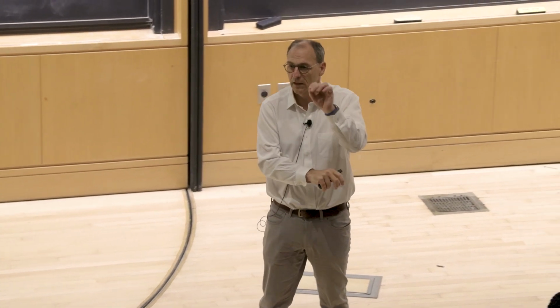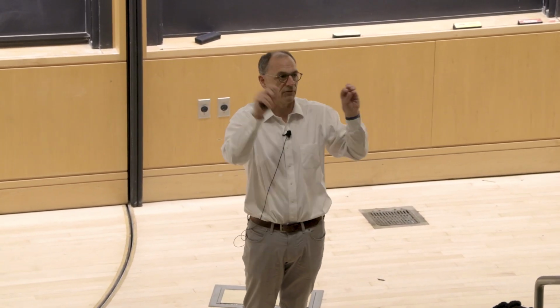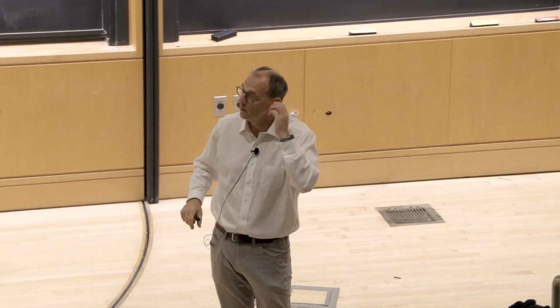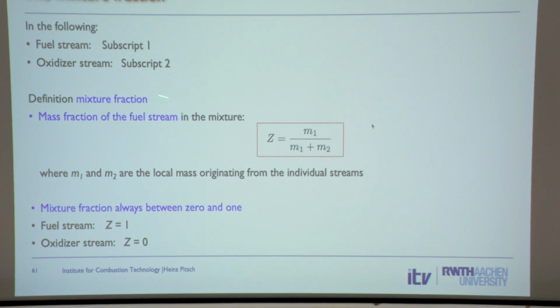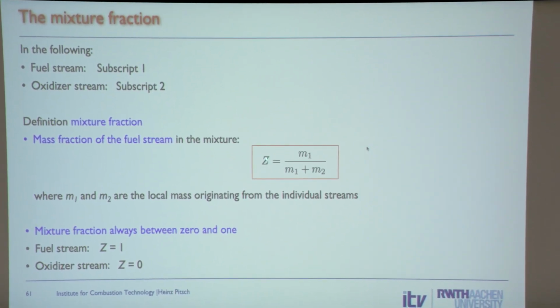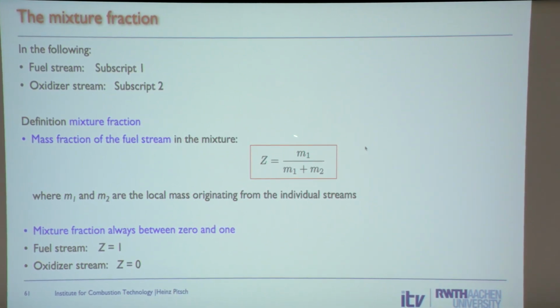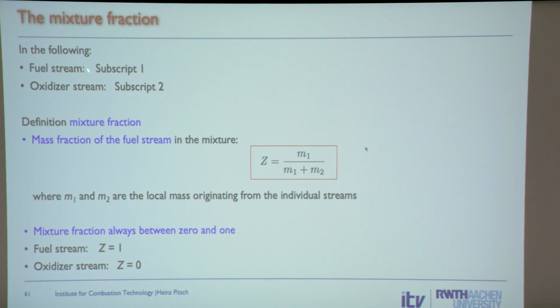So it doesn't matter if it has burned or unburned, we just look at the elements, where did they come from, which stream? Did they come from the fuel stream or from the oxidizer stream? Okay, so this is how we define it then. We say fuel stream is subscript 1, oxidizer stream subscript 2.